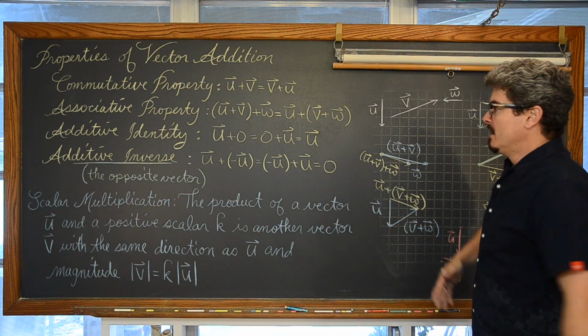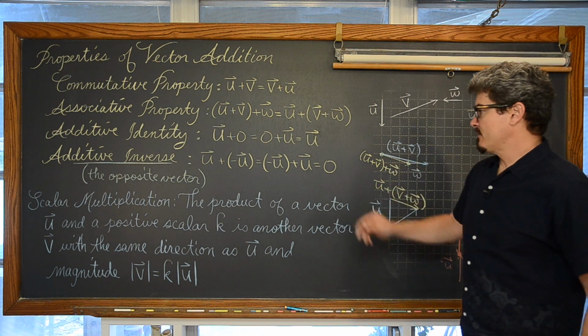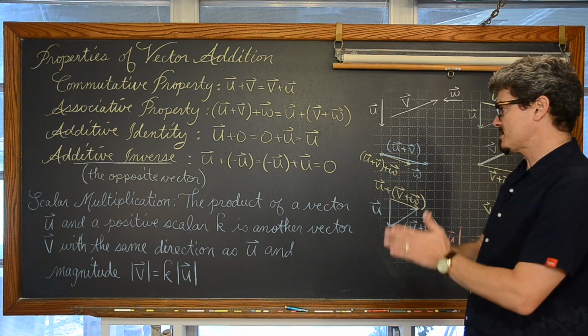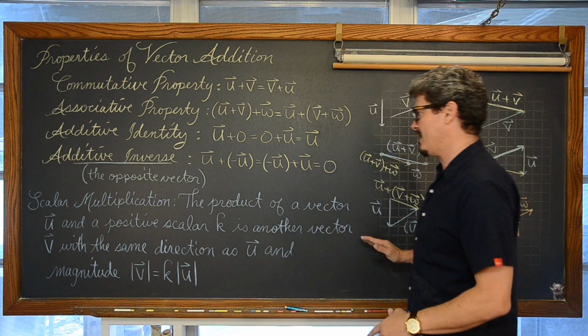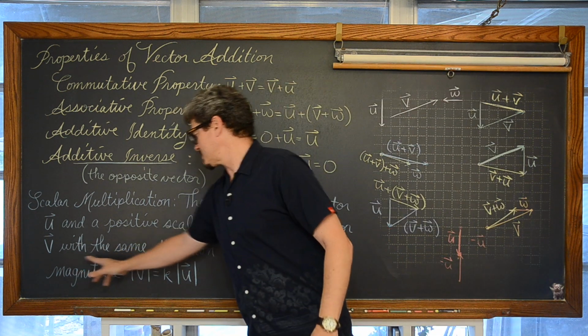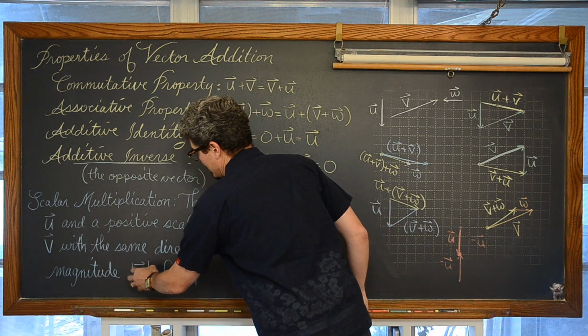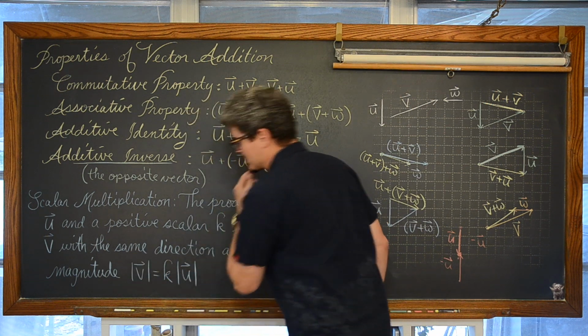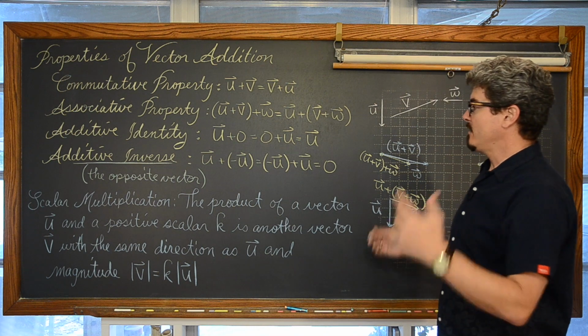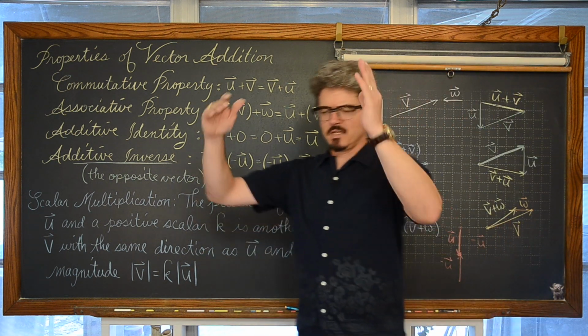Scalar multiplication: the product of a vector u and a positive scalar k is another vector v with the same direction as u, and the magnitude of this new vector is simply the scalar times the magnitude of the original. Now what the heck does all that mean? It means nothing more than what you saw in the previous scene.